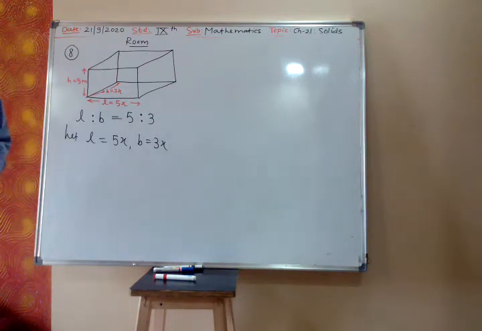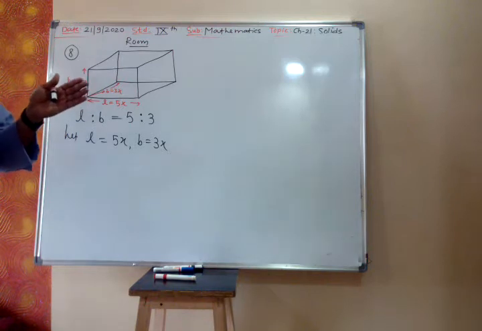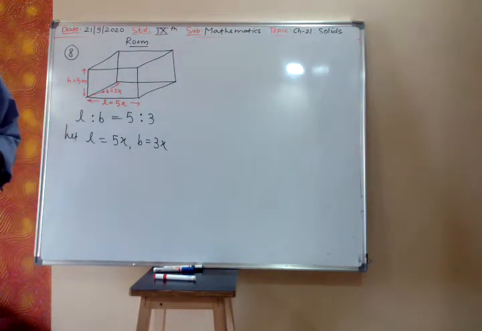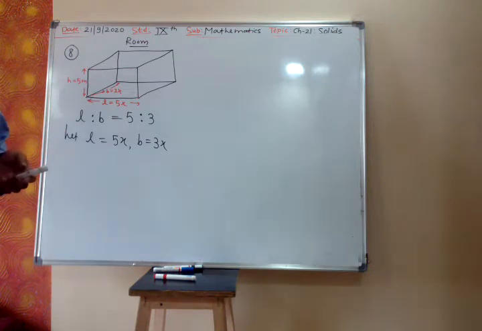The cost of papering the 4 walls of a room. So how much area are we papering? The papering of 4 walls of the room will be same as papering how much area?